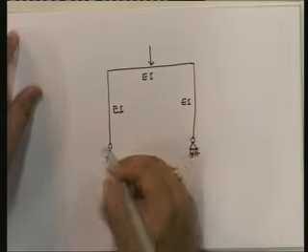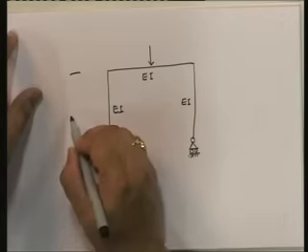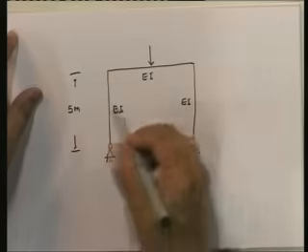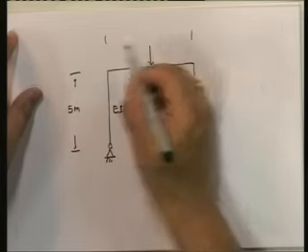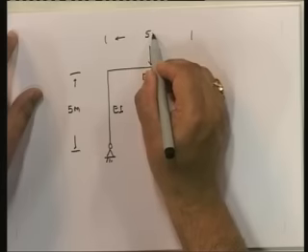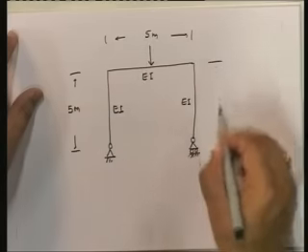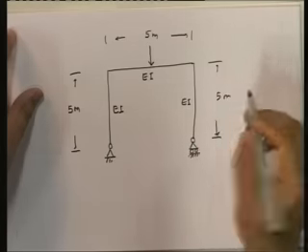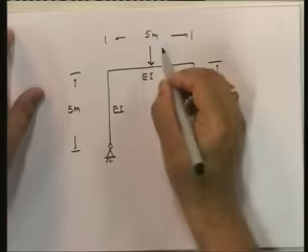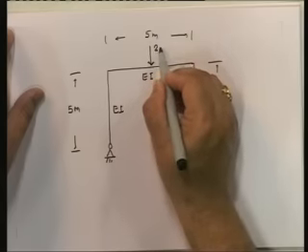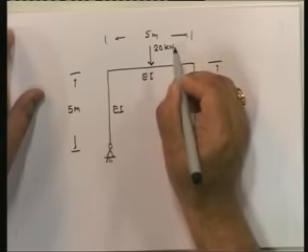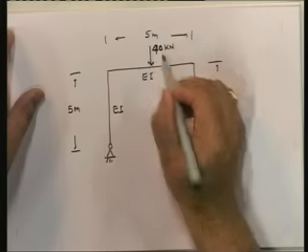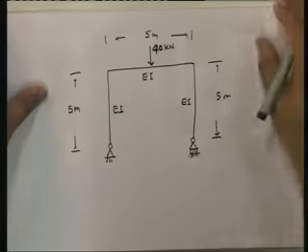Let us say that this is 5 meters, this is 5 meters, so is this 5 meters. All of them are 5 meters. This load is, let's say, 40 kilonewton.